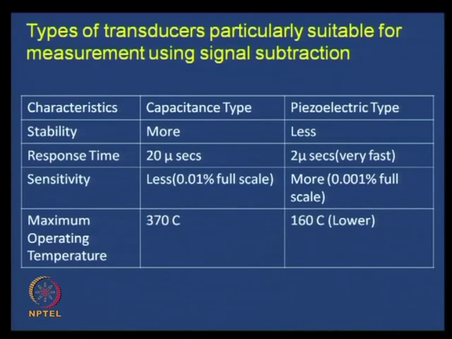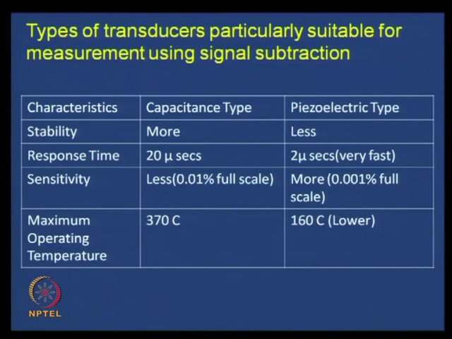The comparative study I have just shown you, since we have adopted two particular types of transducers, some will have some advantage over the other. Usually we never use other types of transducers when we have to do this signal subtraction business.